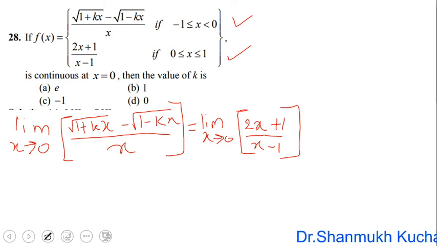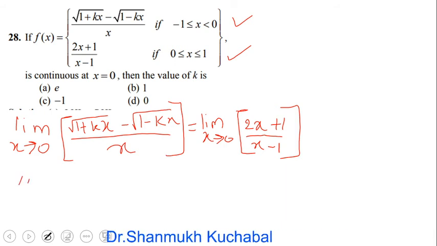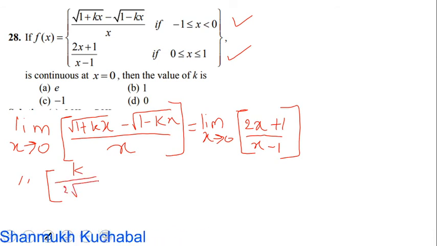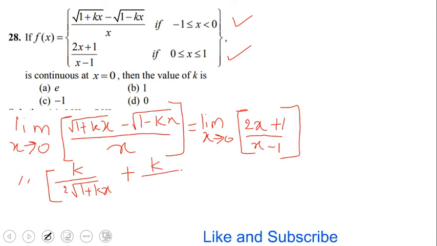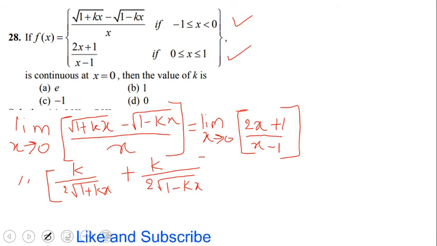So now further we will simplify this one. The limit will be k divided by 2 under the square root of 1 plus kx, plus k by 2 root of 1 minus kx, divided by 1 here.